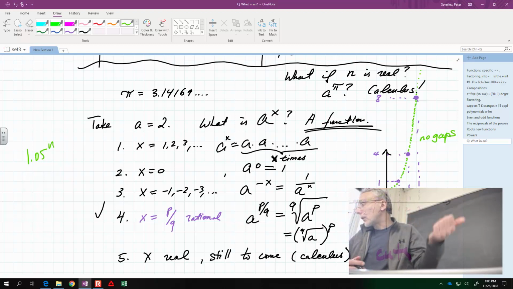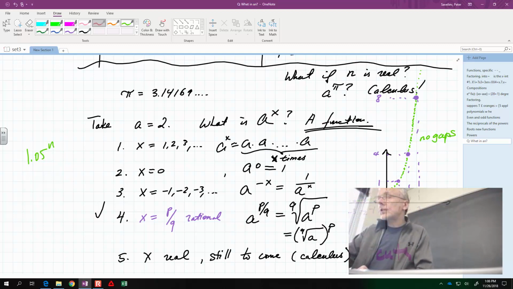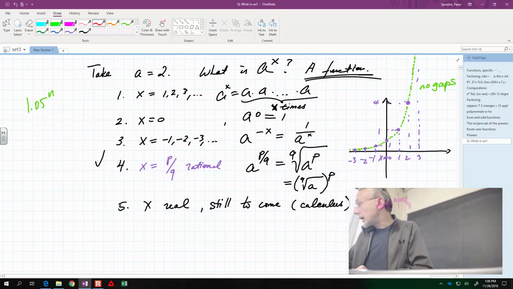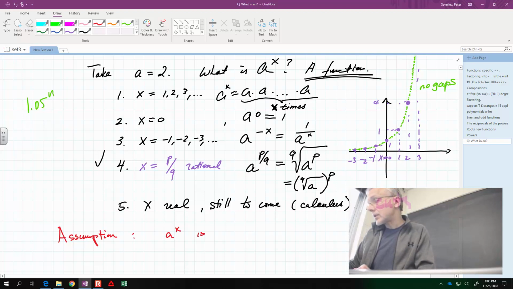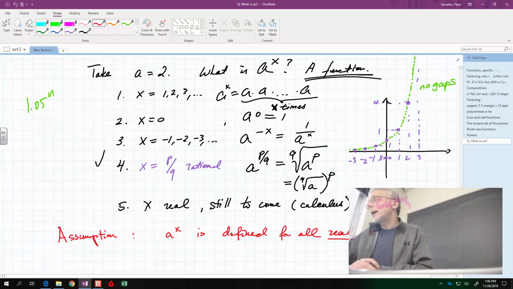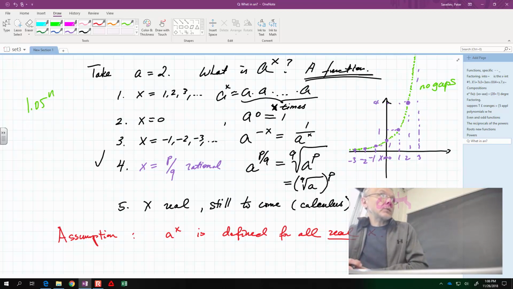So x equal to pi, x equal to square root of 2. All of these are missing numbers, but we will just ignore that and accept it as an assumption. So a to the x is defined for all real x. No cuts, no gaps. So the graph we see on the right is exactly what it would look like.